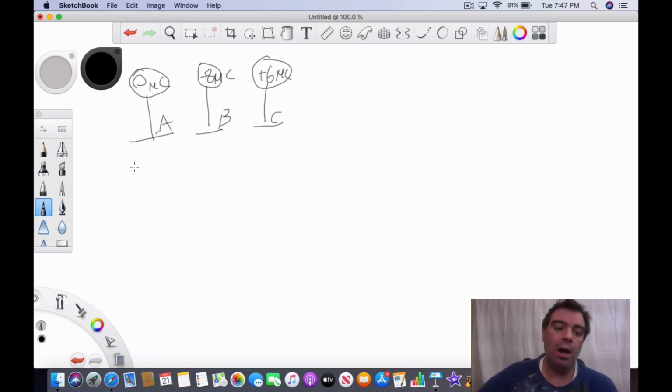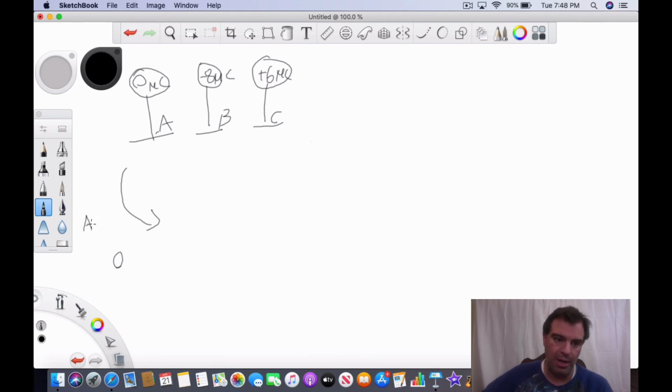When we charge objects consecutively, that means A and B touch first, and these two will have the same charge. Then B will touch C, and electrons will flow between them, and it's going to charge C. So in the first step, we're going to have A and B touch first.